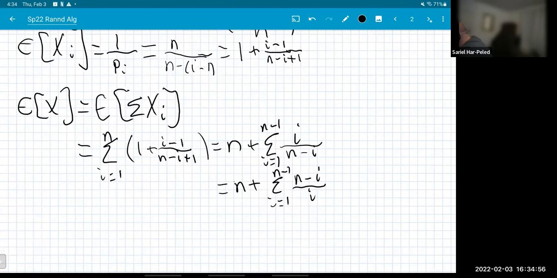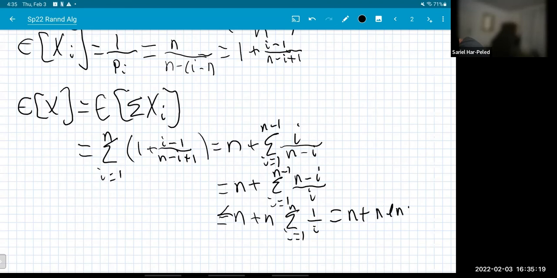And this is, of course, just n, well, smaller or equal than n plus n times the harmonic sum. So this is just n plus essentially n ln n, as an upper bound, right?